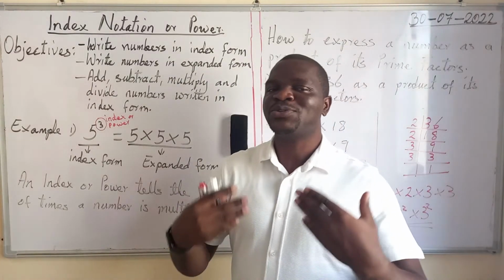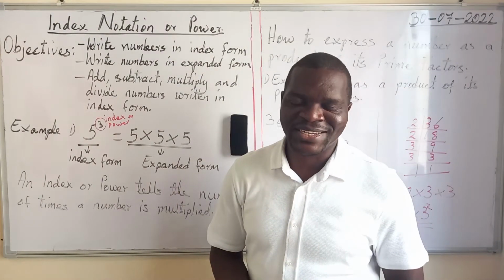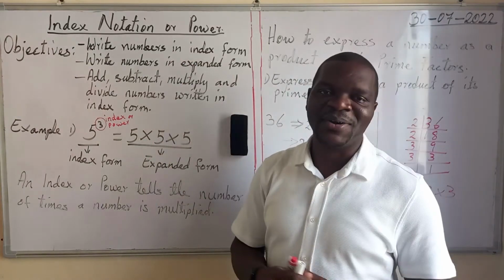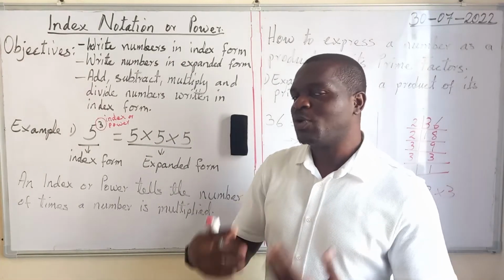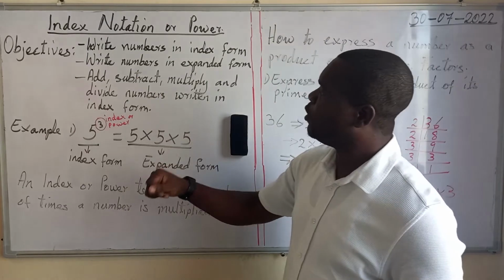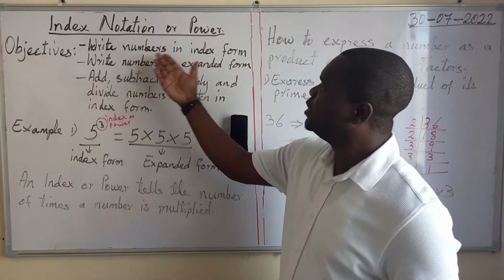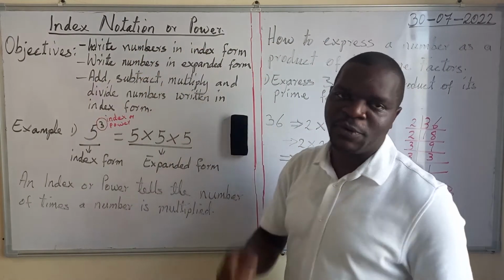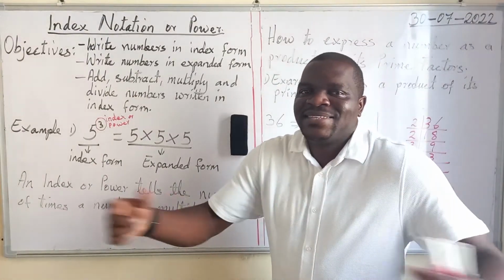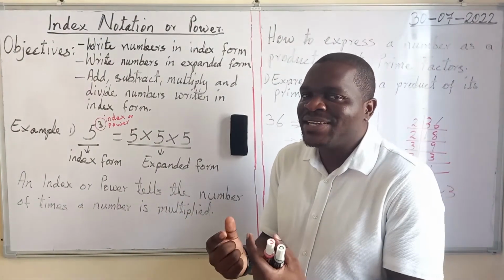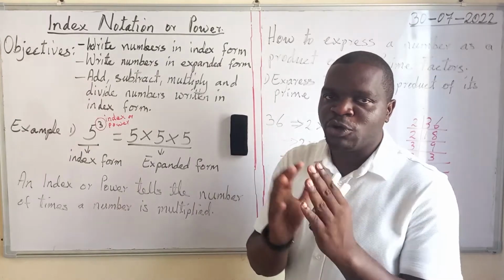Before we go into finding out what index notation is, let us state our objectives as usual, what we want to learn at the end. First of all, we want to be able to write numbers in index form. If we have numbers in extended form, we should be able to write them in index form or contracted form.